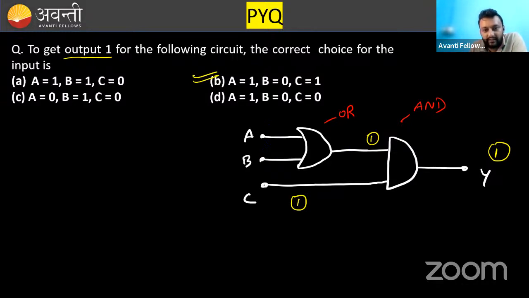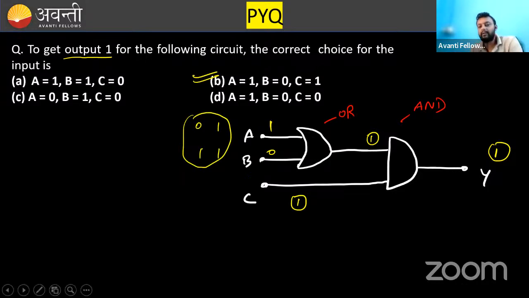So in the option, A is given as 1, B is given as 0. What are the other possible combinations here for A and B? A and B should be 1 and 1 as well, 0 and 1. All these three possibilities are there for A and B. But C must be 1. C must be 1. Okay.